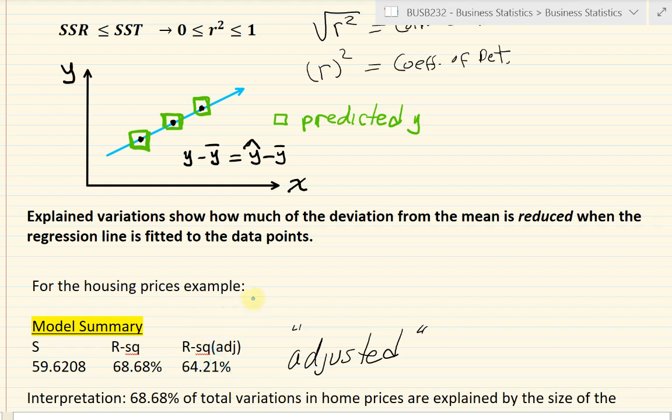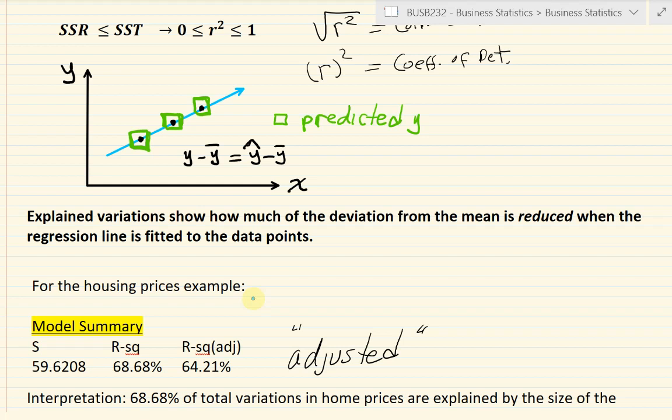This adjusted R squared makes a difference in multiple regression when we have more than one predictor. So for example, if you want to predict the price of a house based on the size of the house, the number of bedrooms, bathrooms, the lot size, the age of the house, the amenities, and so on and so forth.